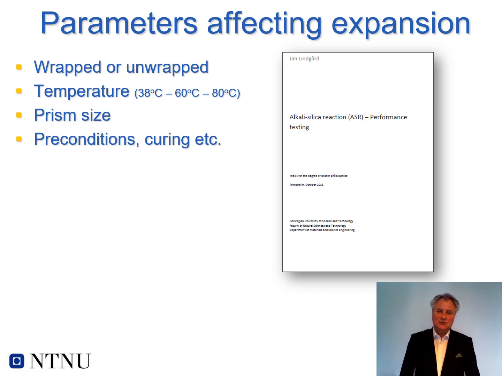He also looked at the temperature, 38 degrees versus 60 degrees and even 80 degrees. And he also saw that, for instance, if you get a bigger prism size, up to 100 millimeters, you get less leaching. So he is recommending that the prism size should increase to get less leaching out of the prisms during the storage. And he also looked into the preconditioning, the curing of the samples, etc.